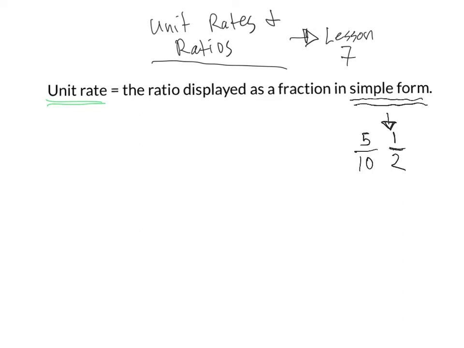We get that by doing what we already know how to do: what we do to the top, we do to the bottom. What we do to the bottom, we do to the top. 5/10 is 1/2. Or if you're talking ratios and you're saying 5 to 10, then the simple form would be 1 to 2.